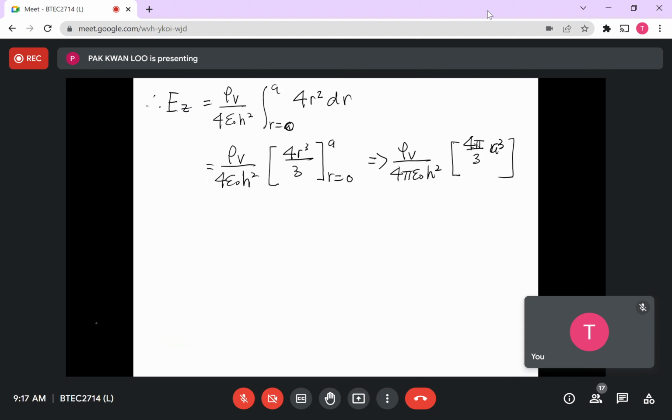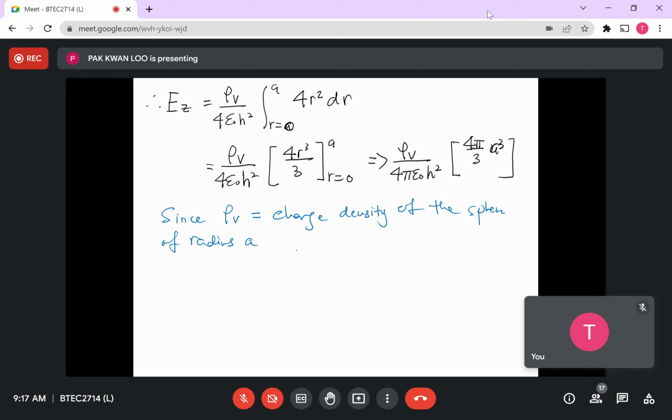So since rho v is charge density, so it is equal to charge density. So the charge density of the sphere of radius a.